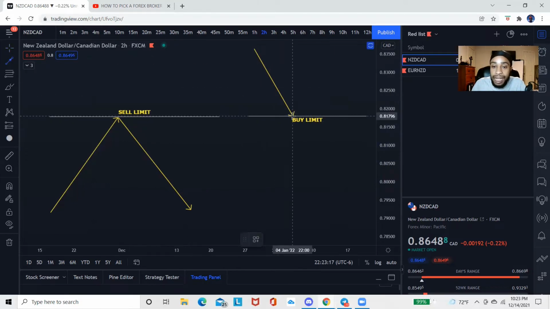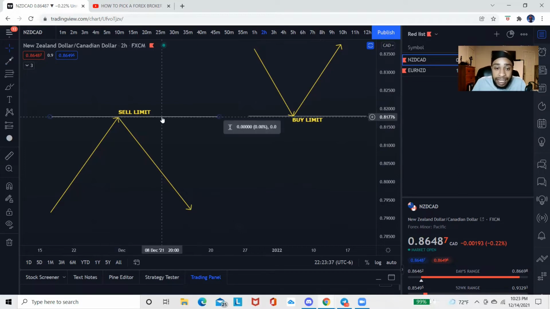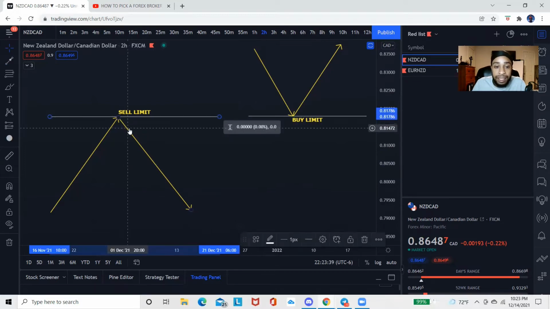Now, once it hits the buy limit, what you would like to see is the market hit the buy limit and then start working its way up. So in a sell limit, you want to see the market work its way up, hit the area, and then start going down. In a buy limit, you want to see it start working its way down, hit the area, and then start going up. Okay. So that's going to be an example of a buy limit and sell limit.